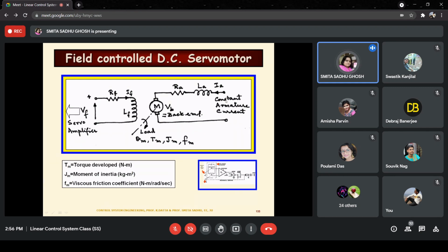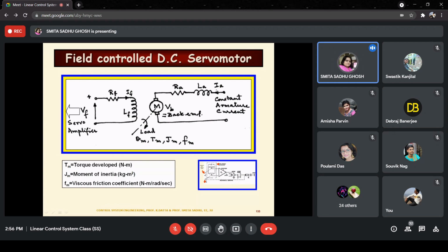As I stated, since we are studying the field control DC servo motor, the armature current has to be kept constant. You can see the arrow being shown over here.